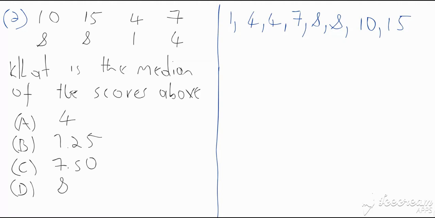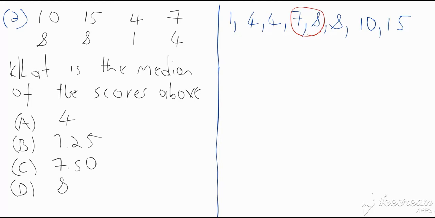Now, we want the median. If you notice, we have an even number of numbers, which means that there will be 2 numbers in the middle. All right. Now, there are several ways to do it. You can go ahead and just look at how many values you have. We have 8 values, so the 4th and the 5th value would actually be in the center, which in this case, the 4th and 5th values are 7 and 8 respectively.